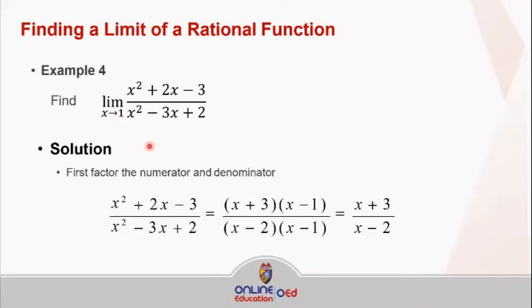Dito, kung itatry nyo siya, mapapalitan nyo yung value. For example, gusto nating i-shortcut na lang siya, i-diretso na lang natin. Kapag pinalitan nyo ng 1 yung denominator, ano ang makukuha nating value? If we have 1 raised to 2 minus 3 times 1 plus 2, ano yung makukuha?